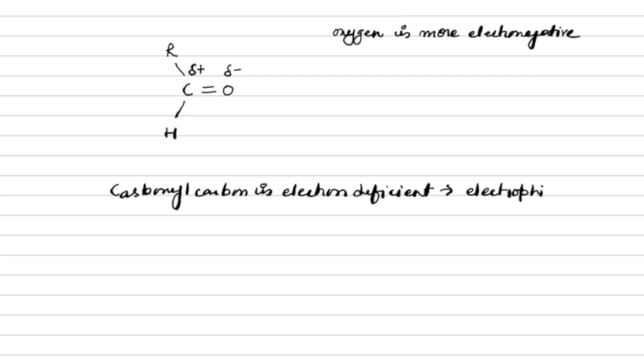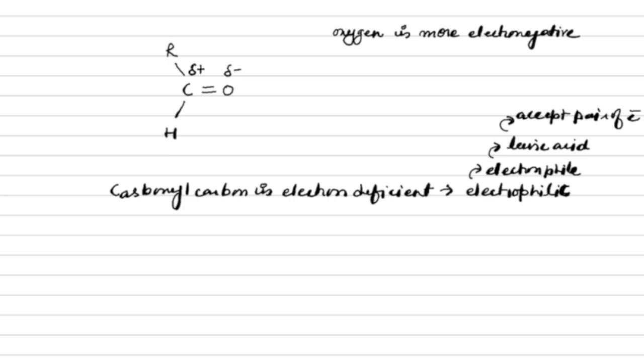Carbonyl carbon has an electrophilic nature, or we can say it is an electrophile. This is what we call a Lewis acid. This is the definition of that. Okay, what do you mean by Lewis acid? It can accept a pair of electrons. So remember that.